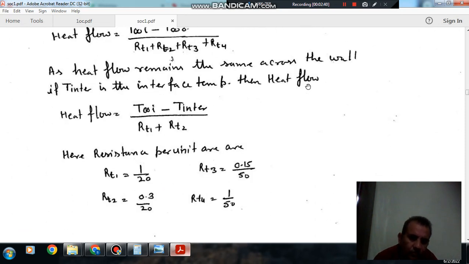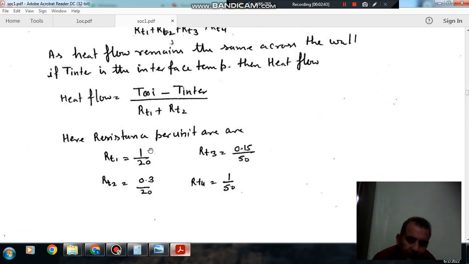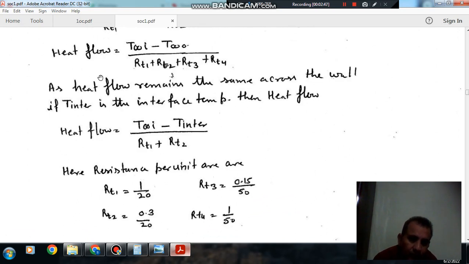Okay. So here the resistance per unit area, the different values are given.